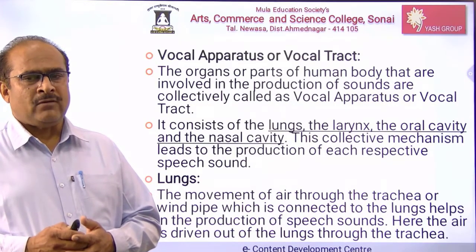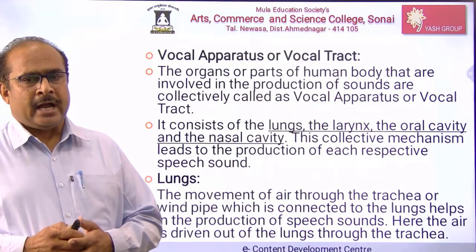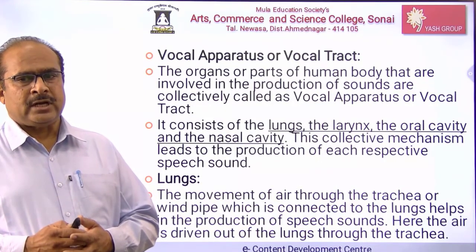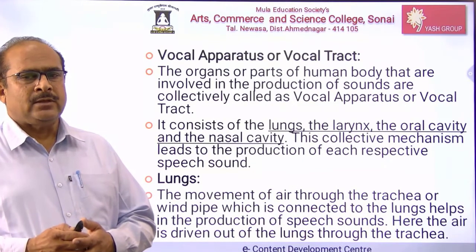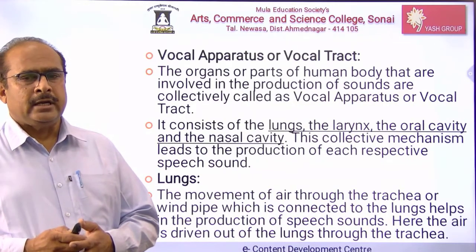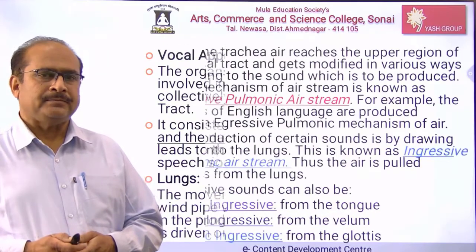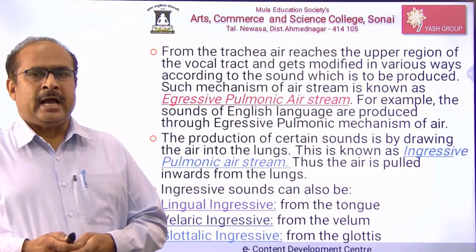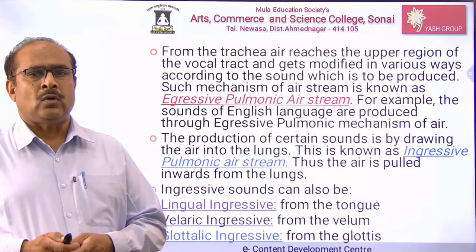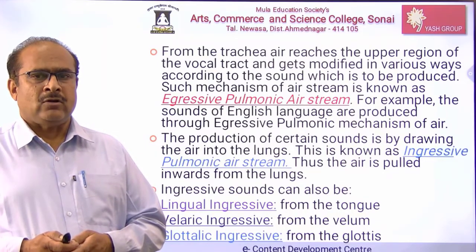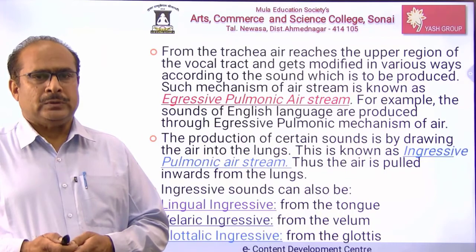The movement of air through the trachea or windpipe, which is connected to the lungs, helps in the production of speech sounds. Here the air is driven out of the lungs through the trachea. From the trachea, air reaches the upper region of the vocal tract and gets modified in various ways according to the sound which is produced.